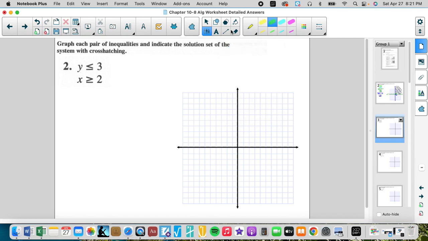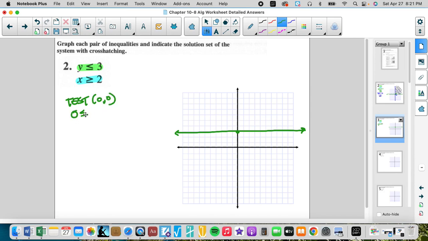Let's graph that in green, this in blue. Let's do the green. Closed circle on the y-axis at 3, and all of them where y is going to be 3 would be this. We're going to test, and this time we can test 0, 0.